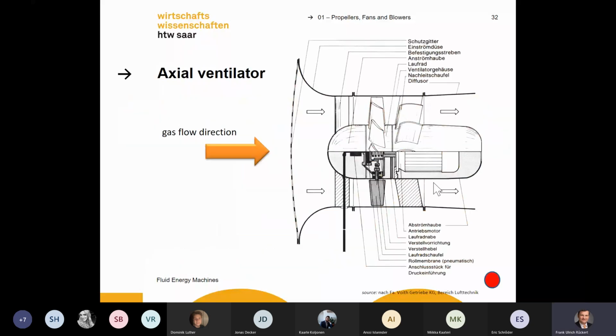Okay, here again is a small picture of a modern axial ventilator. Here you can see the rotating plates. You can see there is an electric engine inside. You can see the static wings. The static blades, they don't rotate. Only this part rotates. Of course, you have a nose here.